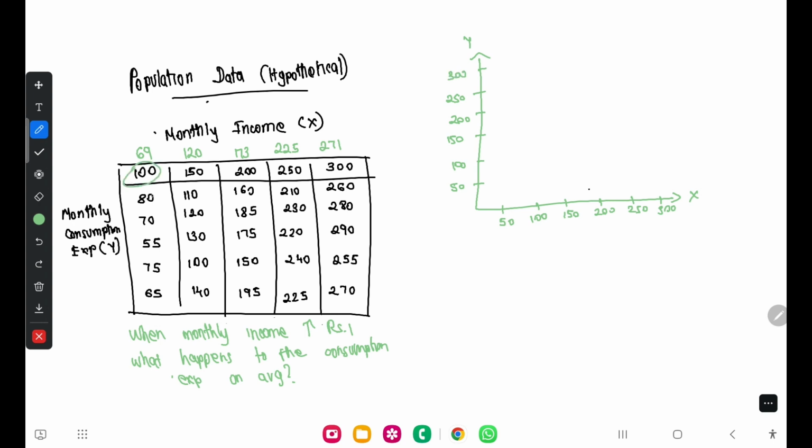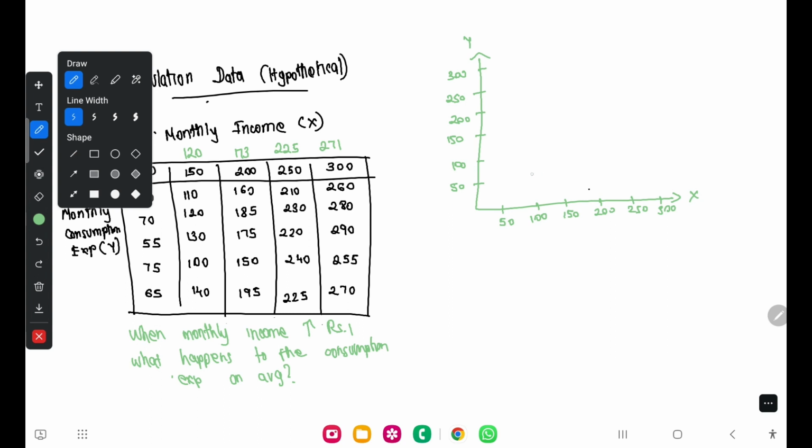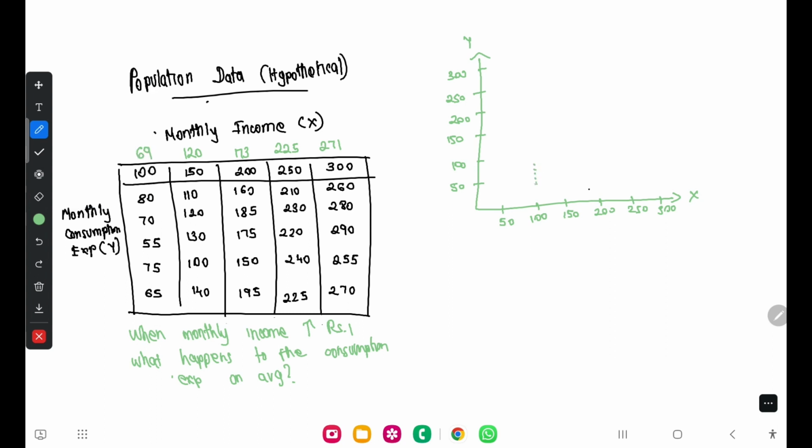So when the income is 100, these are the expenditures. So it will be somewhere over here. There will be 5 dots. Then when the income is 150, it will be somewhere here. Then here. Here and here. So this is basically the population data which I have plotted.